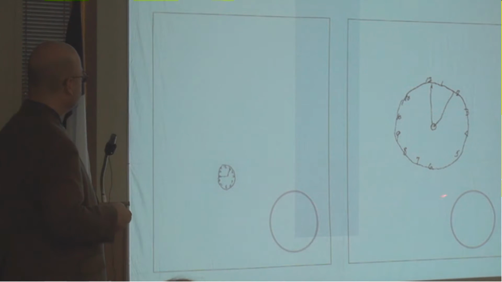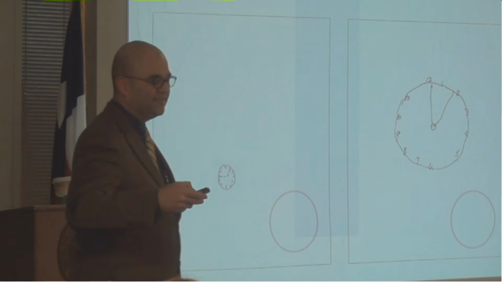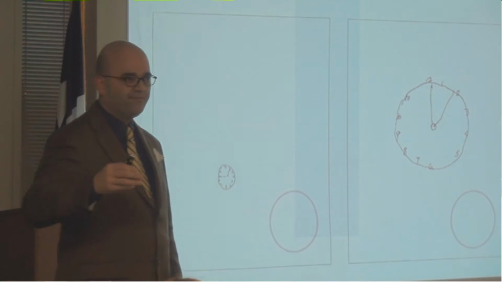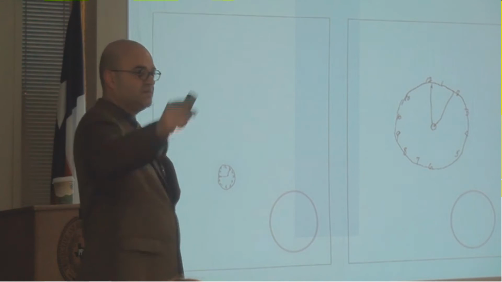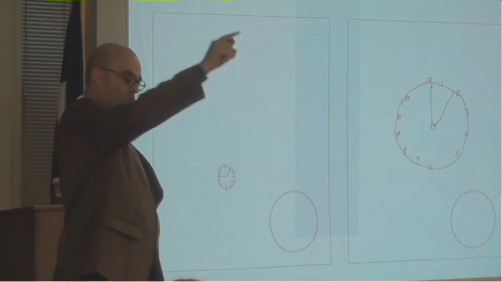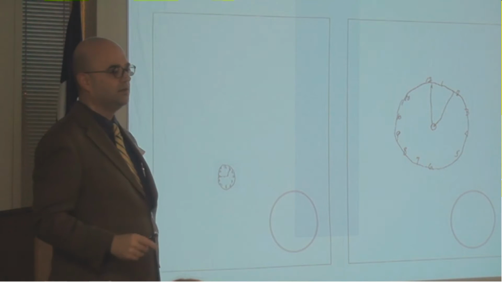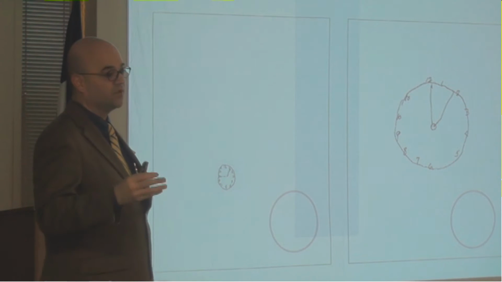Also there's some research talking about patients with Alzheimer's disease pathology. They tend to have circles that sometimes are gigantic, and it's pretty abnormal.